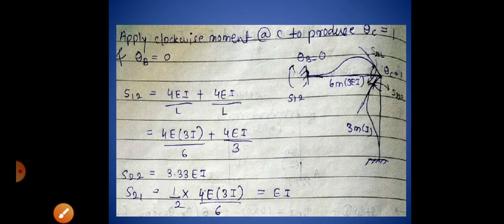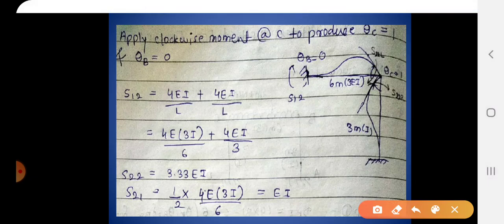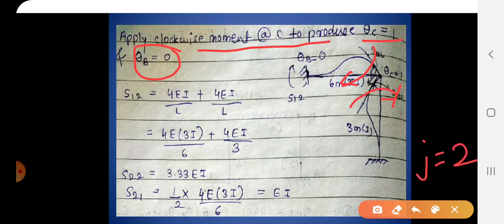Then go to part B. Now our second redundant is theta C. Therefore apply a clockwise moment at C to produce theta C equal to 1, and the other displacement, of course, theta B is equal to 0. So again moment at C, and this being part 2, J is equal to 2.